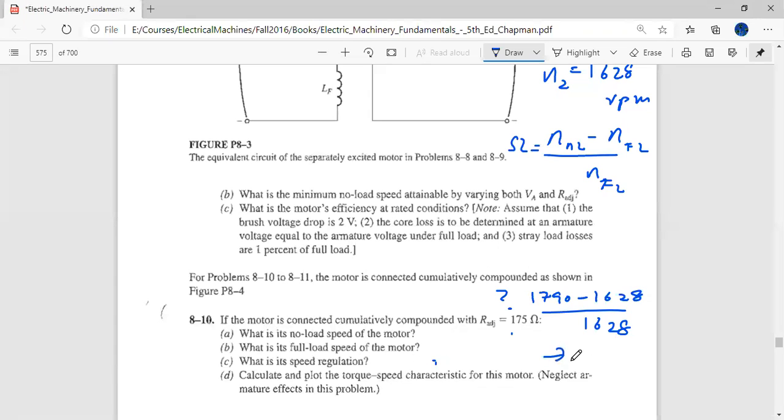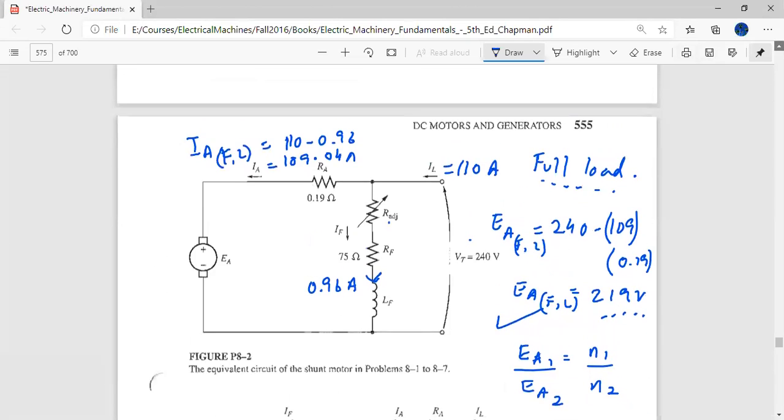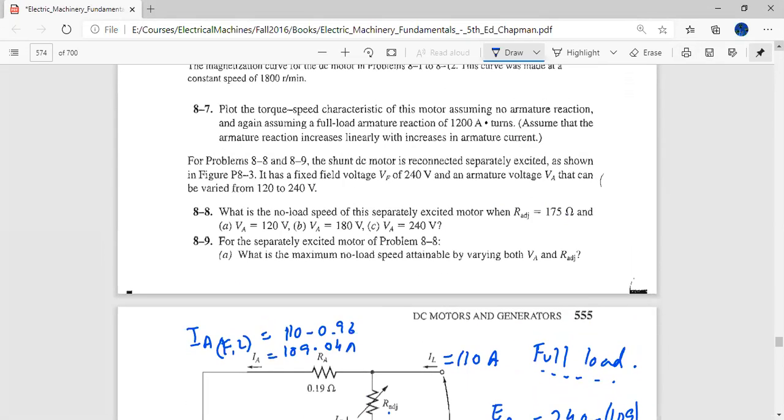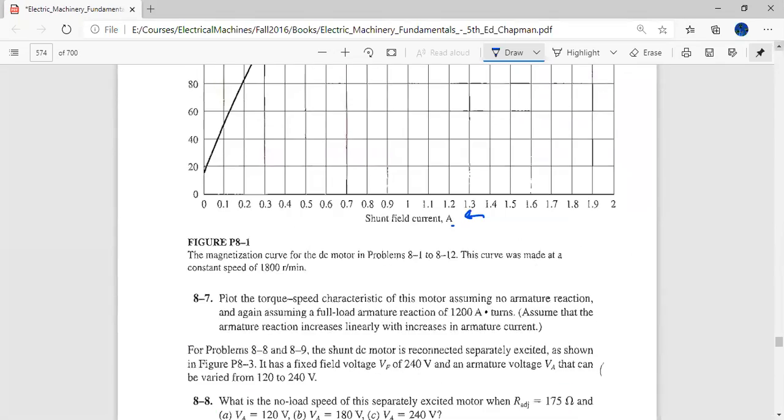Has anyone calculated this? Whatever answer you get will be your speed regulation. The speed regulation is calculated for motors. Voltage regulation is for the generators.